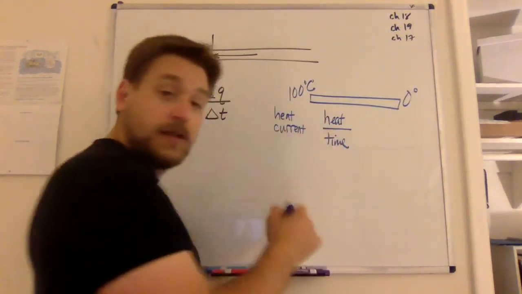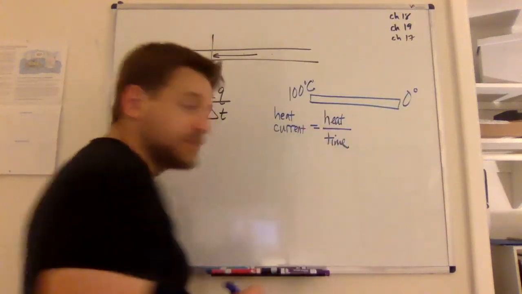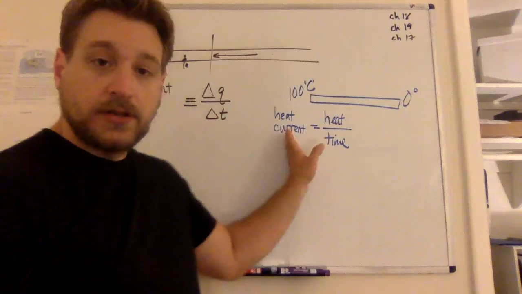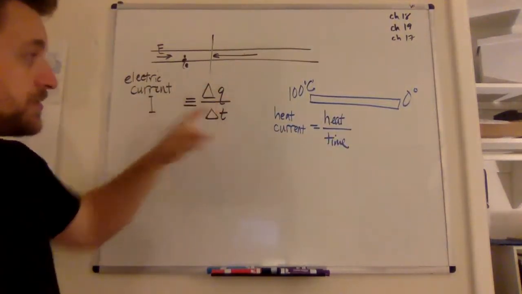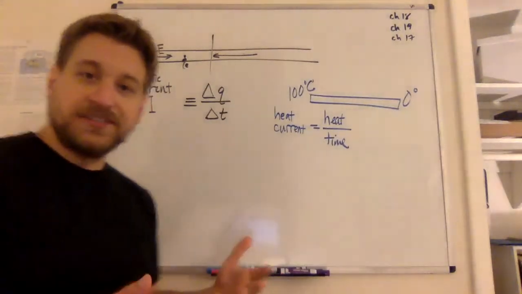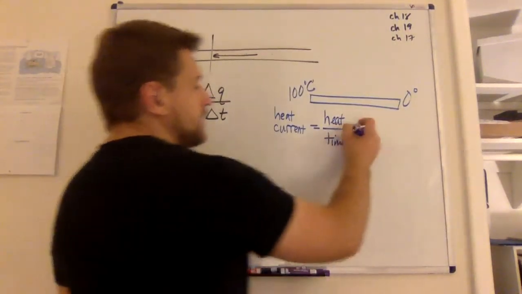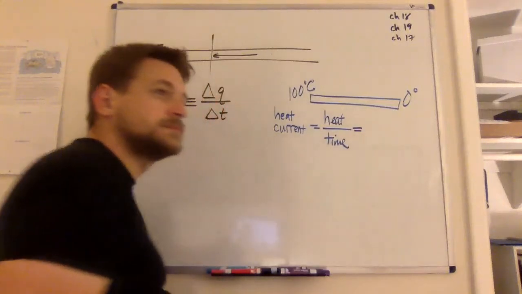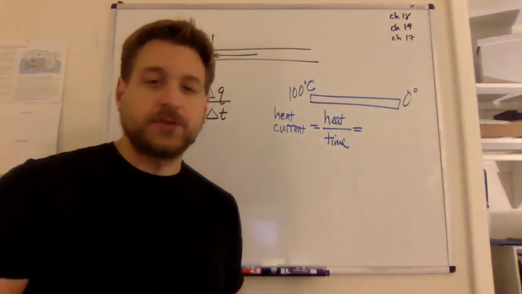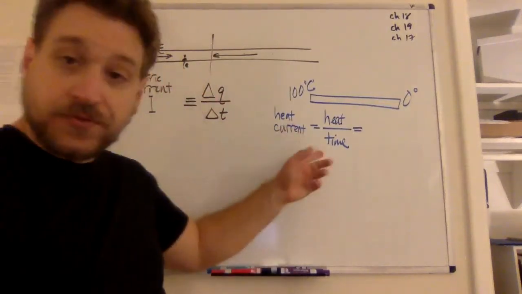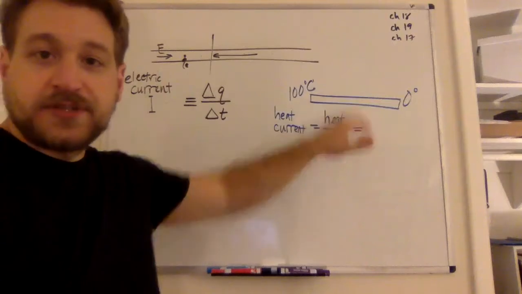We should call it thermal energy current, if you're asking me. But we call it heat current, heat per time. Electric current, electric charge per time. And they start to feel pretty similar. If you check out chapter 14 in our textbook, there's a formula given for heat current in terms of the properties of the material.